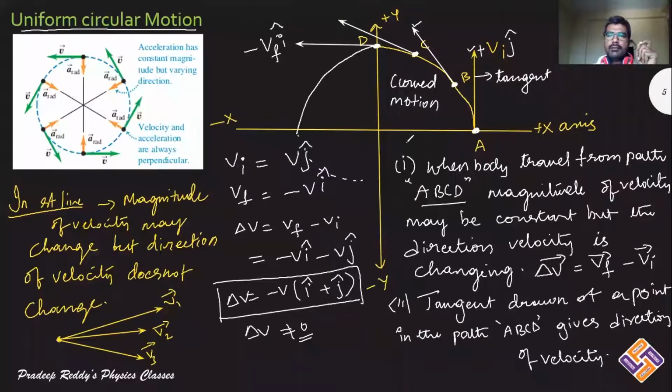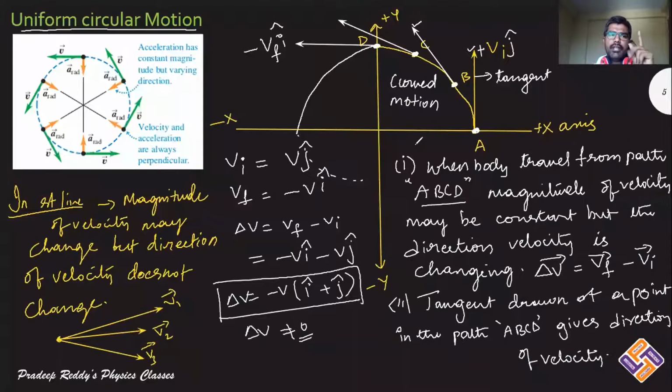In case of a circular motion, the magnitude of velocity remains constant, but the direction of velocity continuously changes with respect to time. Such type of motion is said to be uniform circular motion. If velocity magnitude is changing and direction is changing, then it is said to be non-uniform circular motion.